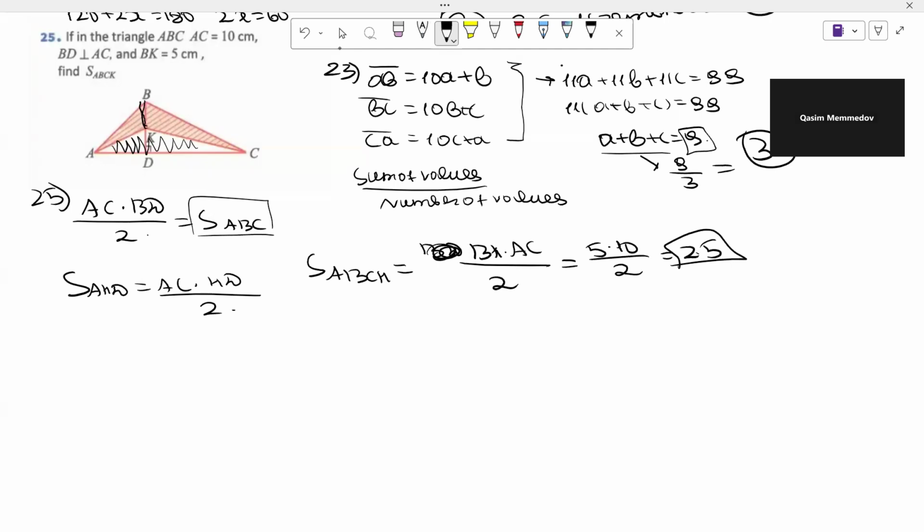Because I write both of them, it equals the whole area of ABC, but this only equals AKD, and when we subtract the area of AKD from the area of ABC, we will find just ABCK. That's why it equals BK multiplied by AC divided by 2. And this is our final answer.